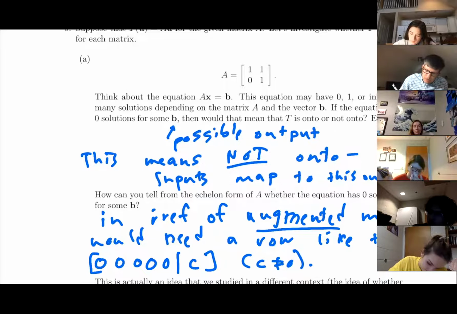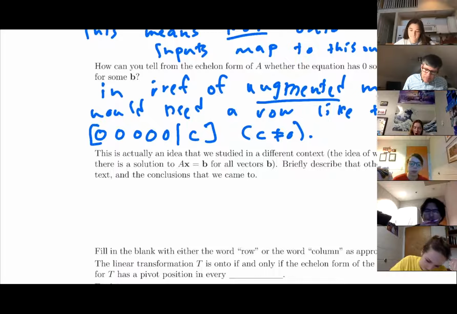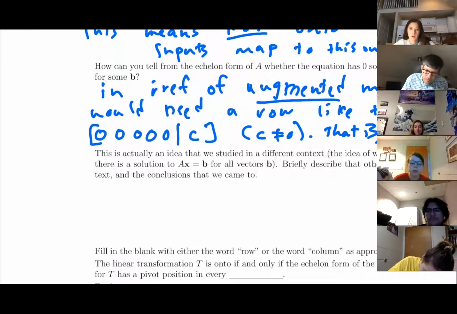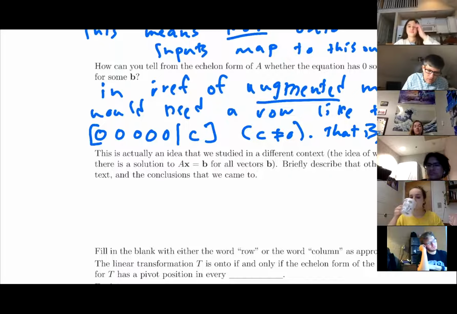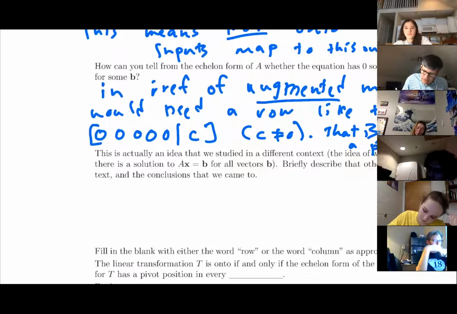Where would the pivots, sorry, I'll just move on. Sorry, I'll get this on the next one. So I'll say maybe that it is missing a pivot in a row left of that vertical line, right?